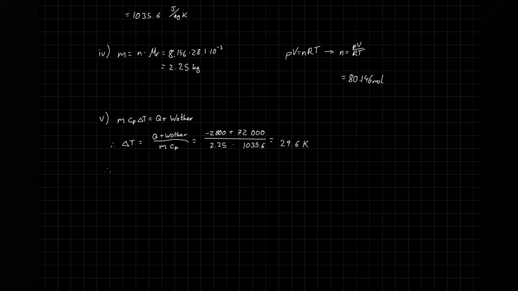Now, that means that T final minus T initial must be equal to 29.6 Kelvin, which means that Tf must be equal to 29.6 plus our initial temperature of 300.15, which is 329.75 Kelvin, which, if you convert back to degrees, is 56.6 degrees Celsius.